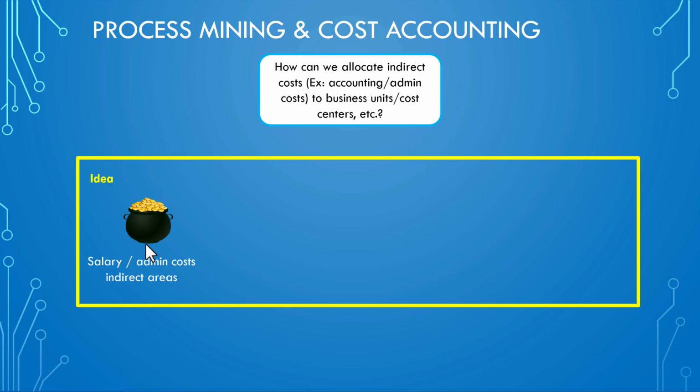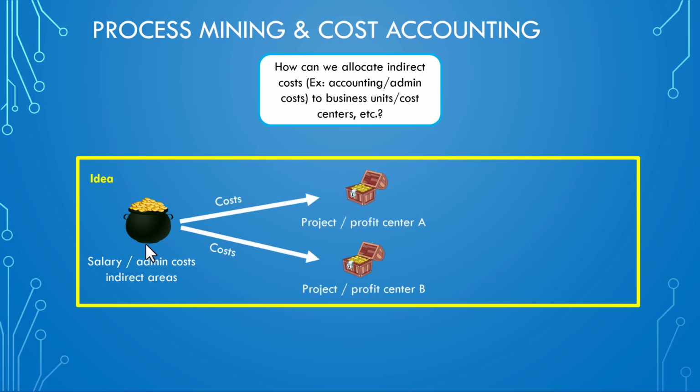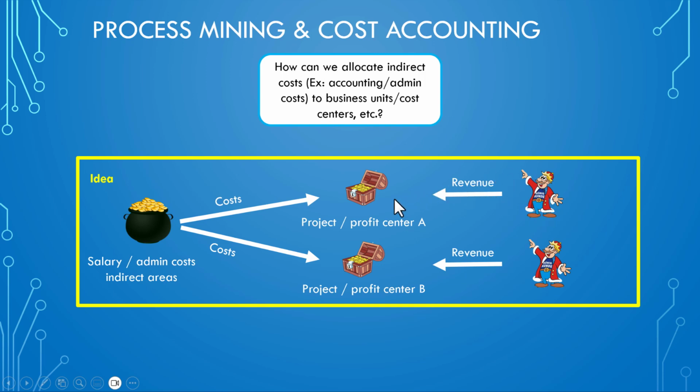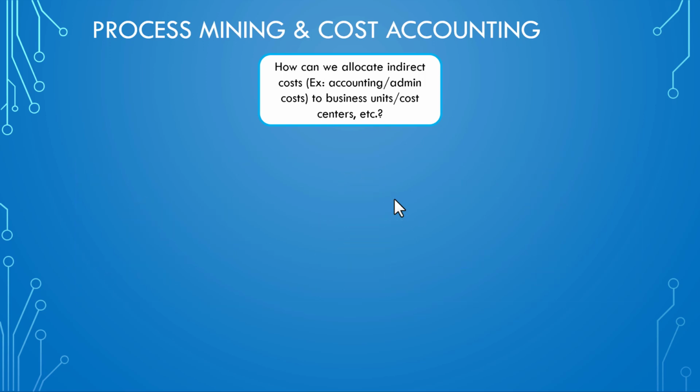And then if we have data about the vendor invoices, we can do cost allocations to projects, profit centers, departments, whatever we have. And of course, the customer, they also give us money for our services that we offer, so that at the end of the day, we can have a look at the overall profitability, let's say, of a project. So that's the basic idea of this allocation.